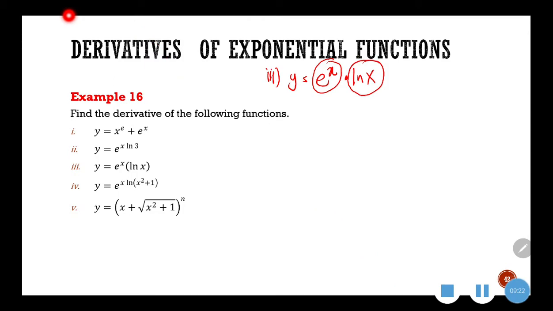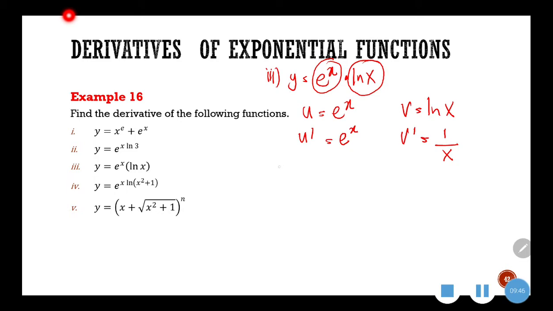So we are to use the product rule. U equals e to the power of x, v equals ln x. So u prime, differentiate e to the power of x with respect to x, is e to the power of x itself. And v prime, differentiate ln x, you will get 1 over x. Because the derivative of x is 1. Kan, tak payah nak tulis lah.